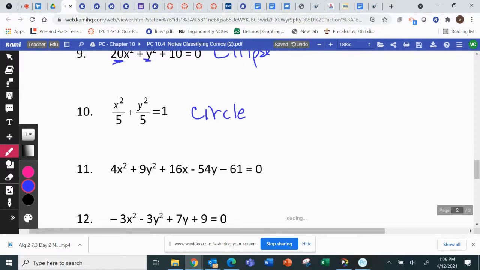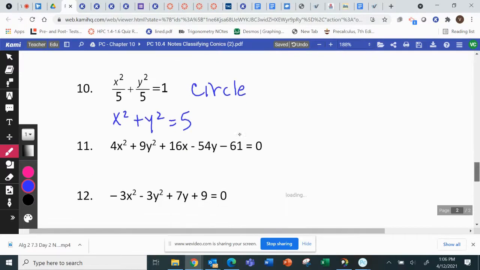It kind of looks like it's set up as an ellipse right now, but the fact that they're both 5s underneath would make it stretch the same. And remember, when we do circle equations, it would be like x squared plus y squared equals 5. So that would be a different format if we were doing circles, just as a reminder.